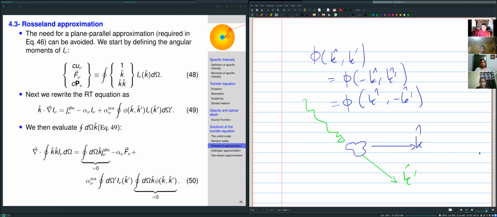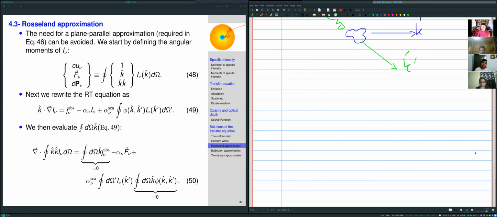Forward-backward scattering symmetry means that the phase function is even. And in this case, this integral, let's call it A, this integral d omega k phi of k prime, k prime, is 0.